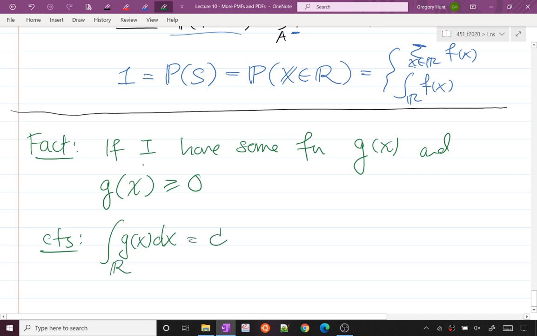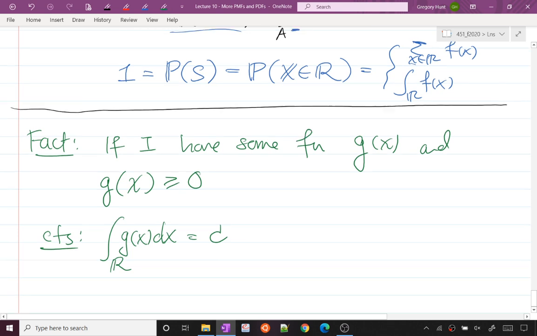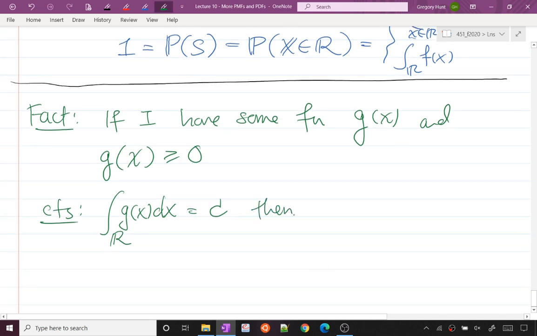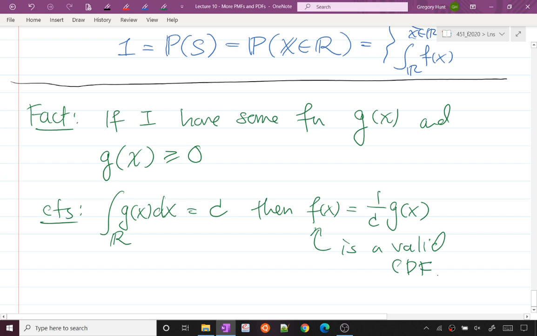This g might not be a valid PDF. It might come out to be some number c, right? But it's positive. This number c is positive. If we do that, then if I define some function f as 1 over c times g, then this is a valid PDF.